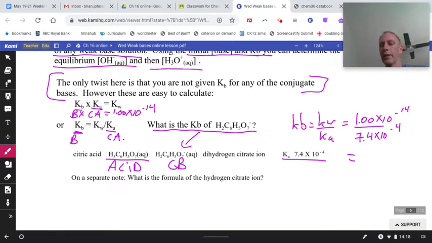So plug that into your calculator: 1 second exponent negative 14 divided by 7.4 to the negative 4. And we get 1.35 times 10 to the negative 11.